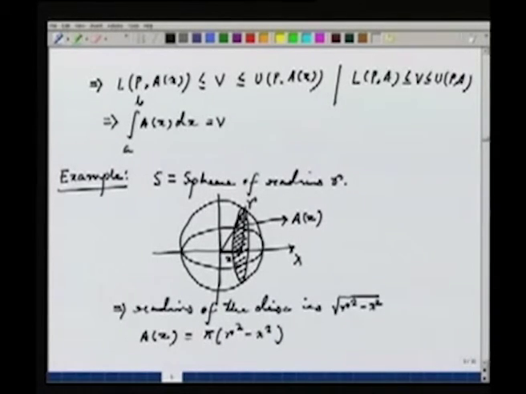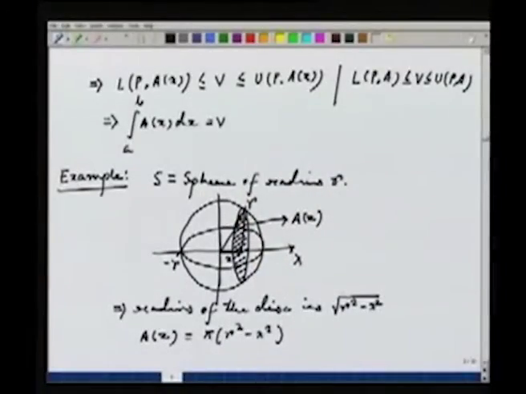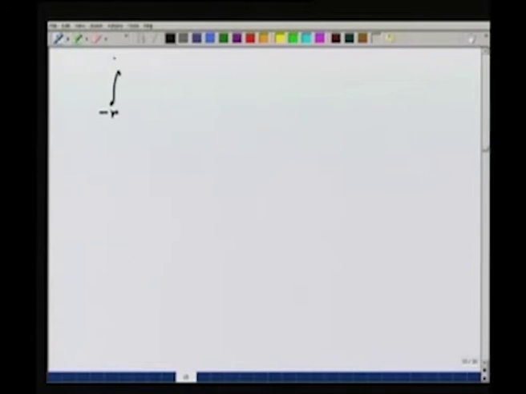Now how much does x vary? It varies certainly from minus r to r. This is minus r here, it goes up to r. So I just look at this integral then, the integral from minus r to r of pi (r squared minus x squared) dx. This should be the volume of the sphere.